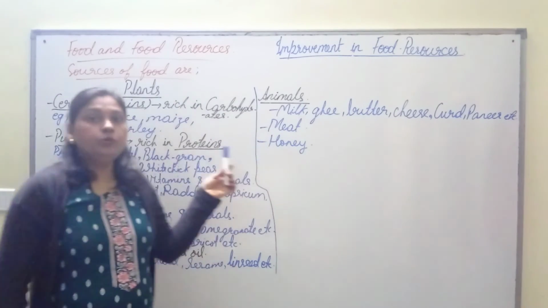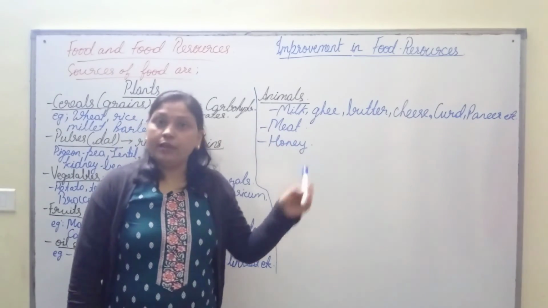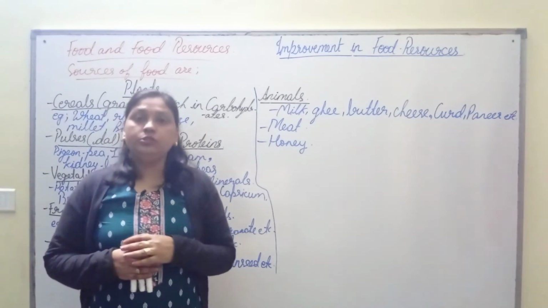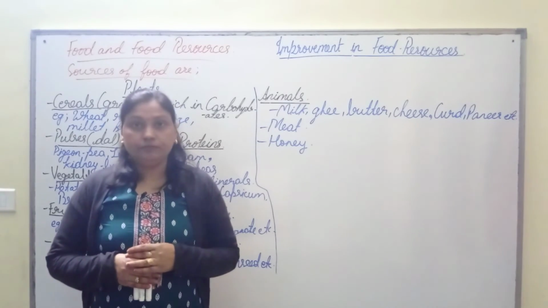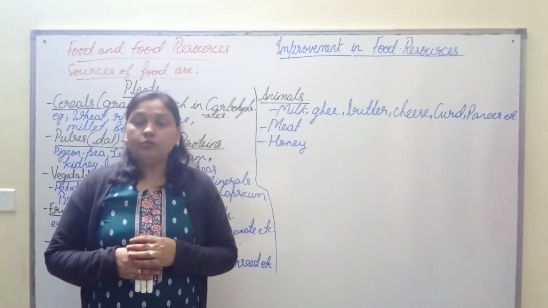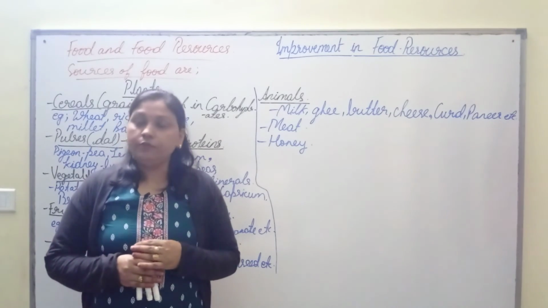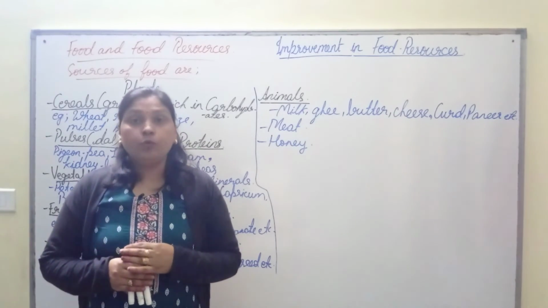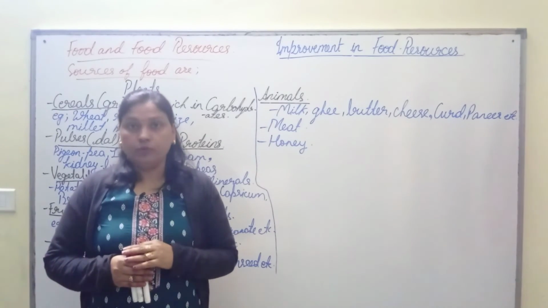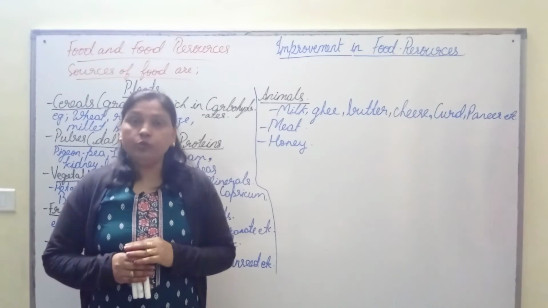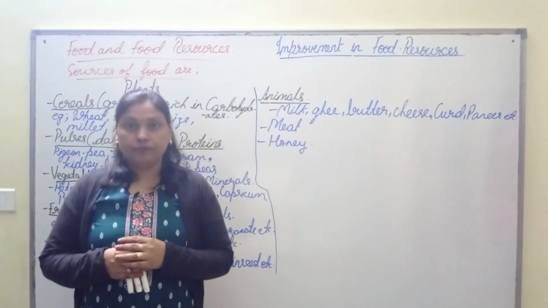So there is a need to improve the production of plants as well as the production of animals. As the population of our country is increasing day by day, and till the year 2022, it is almost 150 crore, providing food to everyone has become a troublesome job. So there is a need to improve the production of the crops.